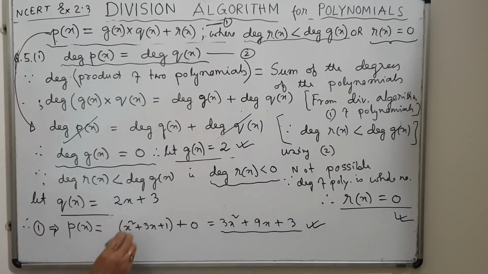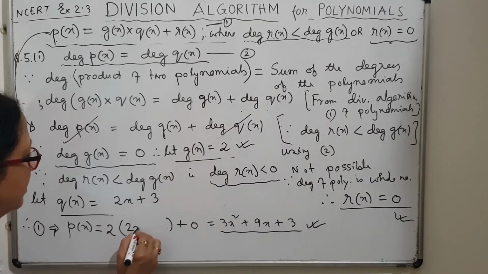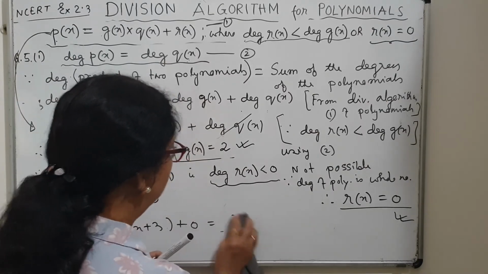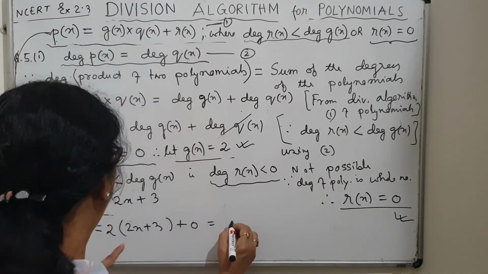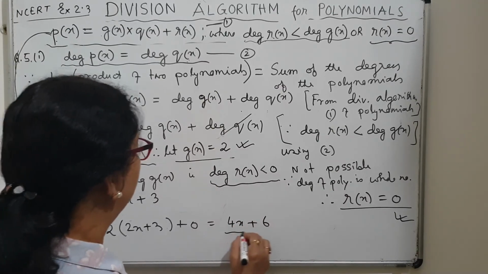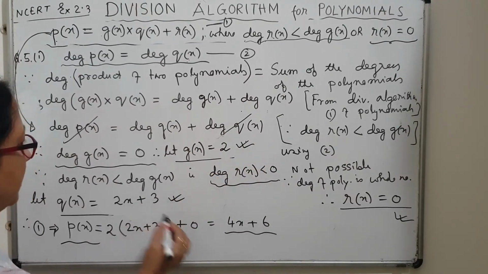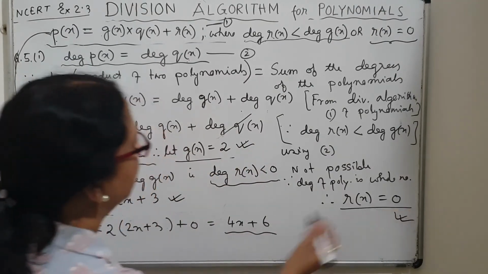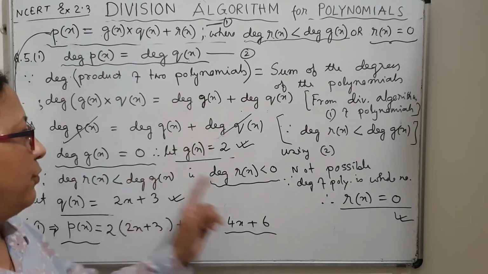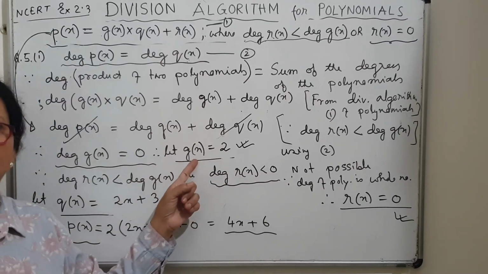Then it will change. g(x) I have taken 2, q(x) is 2x plus 3, and r(x) is fixed at 0. So p(x) will now become 4x plus 6. So this is another set of examples. In this way we can get different sets of examples where r(x) will always be 0 and the g(x) polynomial will be a constant polynomial.